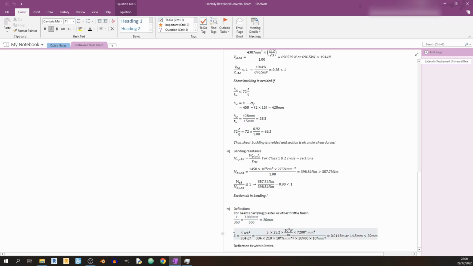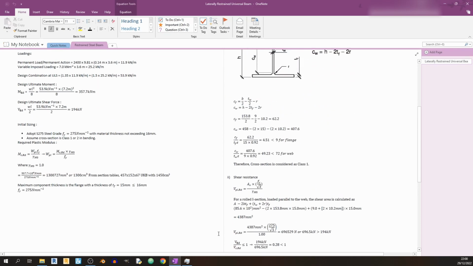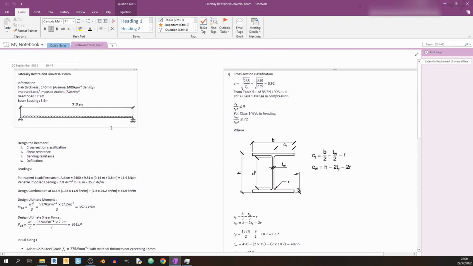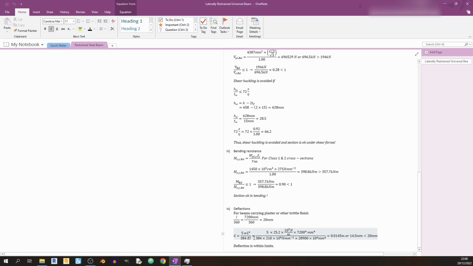And since our beam is a beam that is uniformly loaded, we will use this equation over here, 5WL to the power of 4 divided by 384 times bending stiffness over here. And you should get 0.0145 meters or 14.5 millimeters here, which is less than 20 millimeters. And therefore, the deflection is within limits over here.